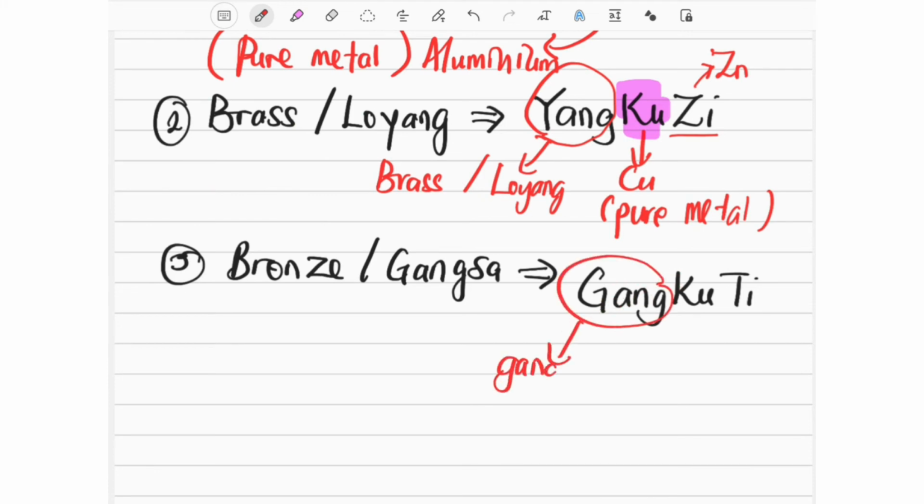Gangsa, bronze. Copper, pure metals. T, stannum. Tin, foreign metal.